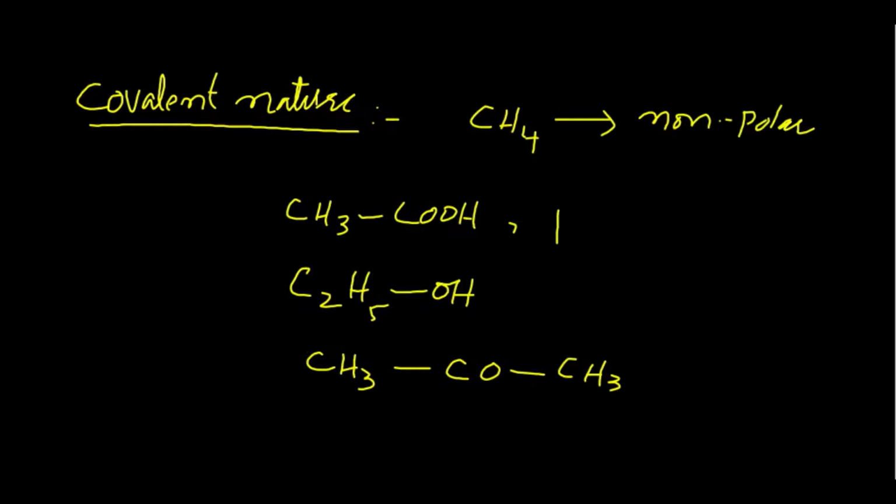But in the case of those organic compounds where we have more electronegative atoms in their structures, like here acetic acid or ethanol or acetone, beside carbon and hydrogen, oxygen is also present. So that's why these compounds are polar in nature. All the three compounds are polar. So they are covalent in nature, either polar or non-polar. I hope this is clear, students.